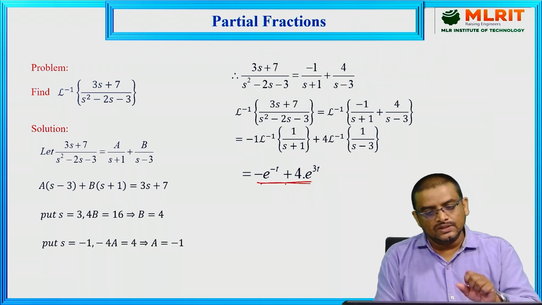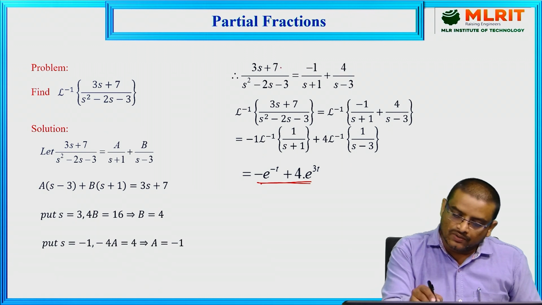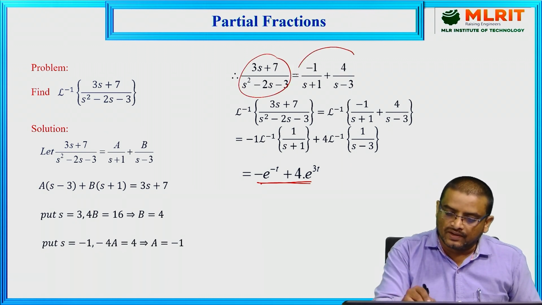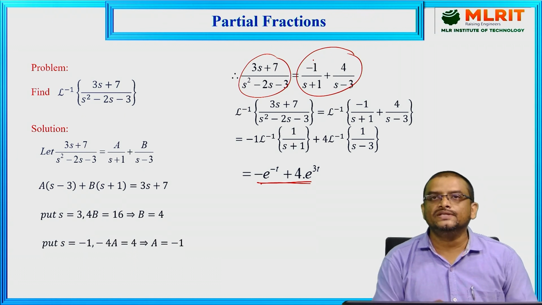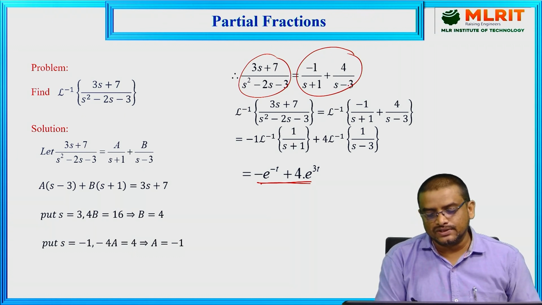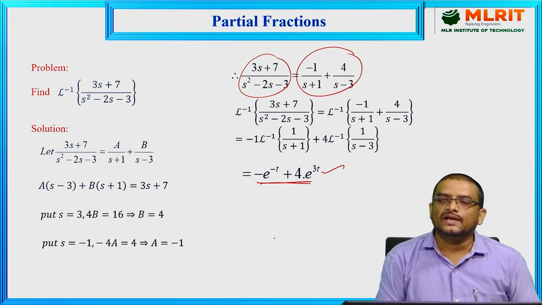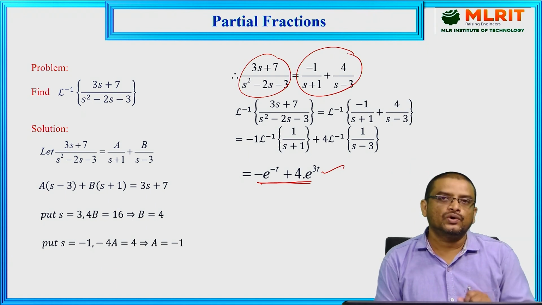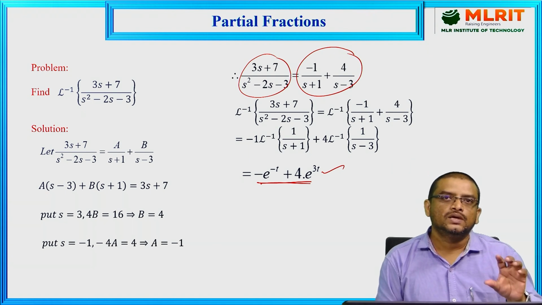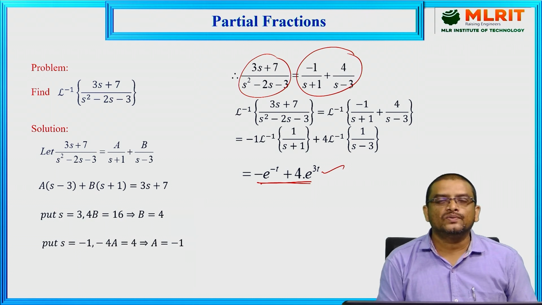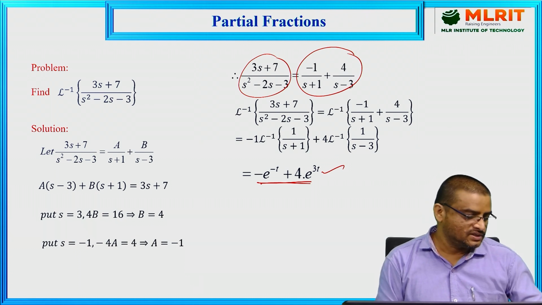By using these partial fractions, we have converted this bigger function into a sum of easy, simpler functions, and then applying the inverse, we get our required L inverse for the given function. So by using this partial fraction technique, we can also find the L inverse for complex functions. This is one best example of how we can apply partial fractions.